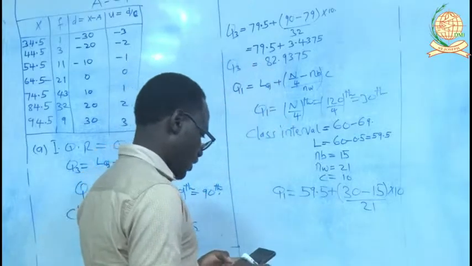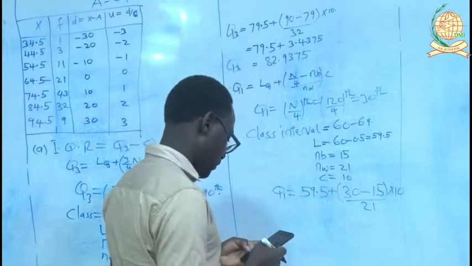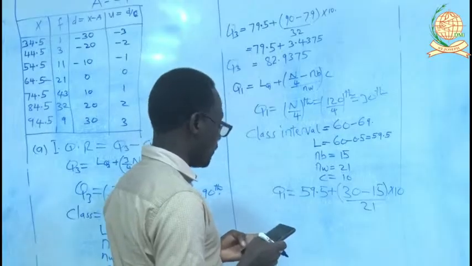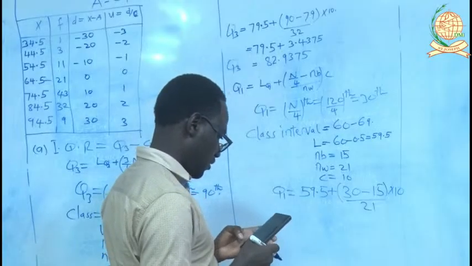So I'll take 30 minus 15, we'll get 15. 15 times 10, 150.